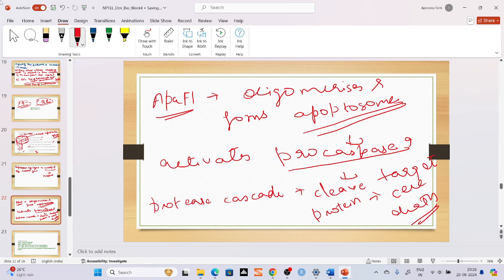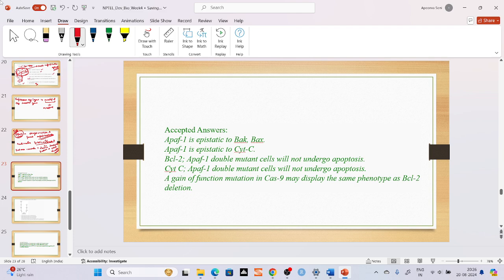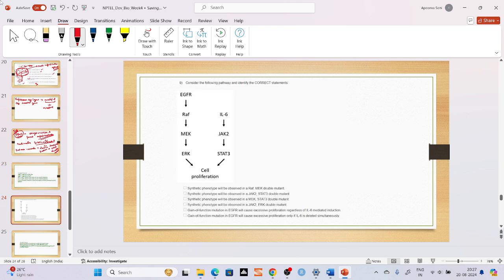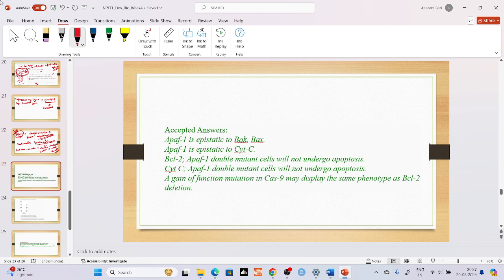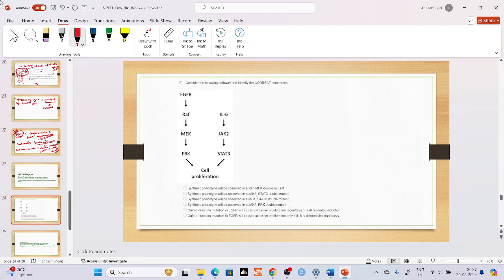So this is why APAF1 is important in the apoptosis process. Yeah, so this is the answer. Now, another question of a similar type.